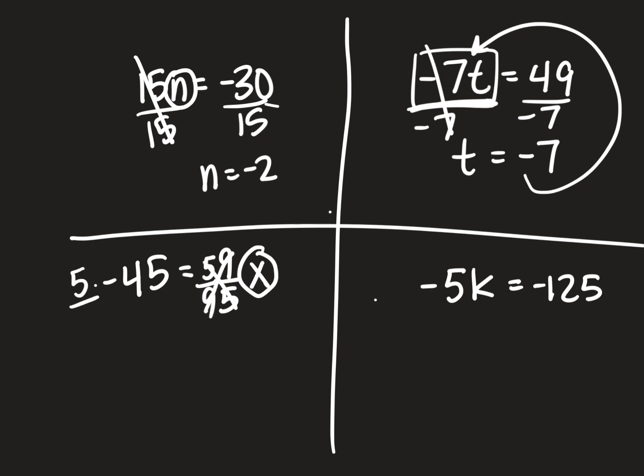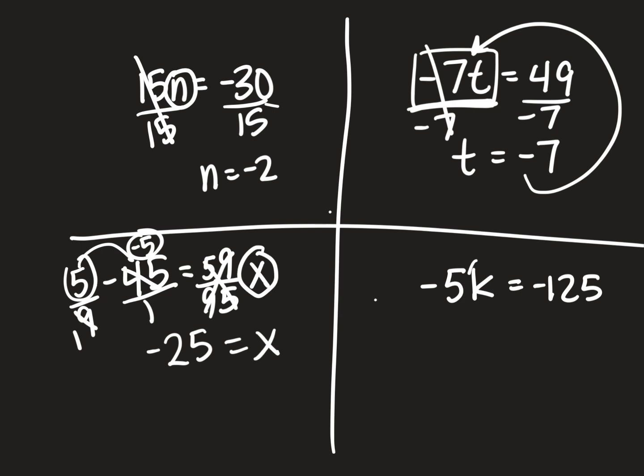When I multiply by 5 over 9, I can take 5 times negative 45, and then 9 times 1, and then reduce. But I'm going to reduce beforehand by saying 9 into 9 is 1, and 9 into negative 45 is negative 5 times. So 5 times negative 5 is a negative 25 for x.